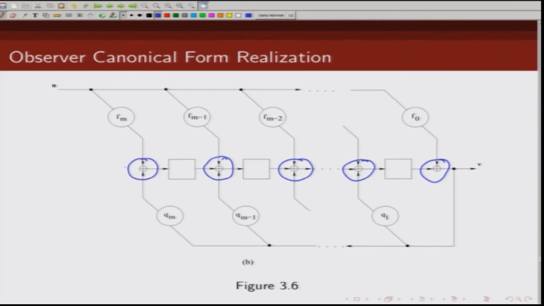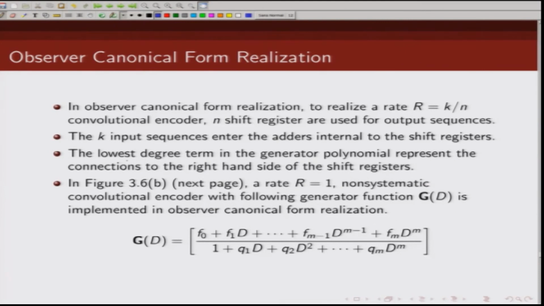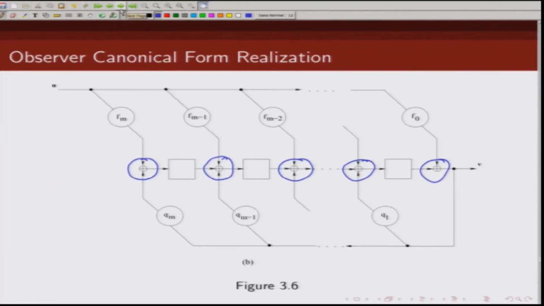And the next thing that we said was the lowest degree term in the generator matrix represents the connection to the right hand side. You see here, the inputs are directly coming to the adder. So, this term corresponds to f0 u of D. This term corresponds to f1 D of u of D. Whereas, in the controller canonical form, the leftmost term was f0 and the rightmost was fm.